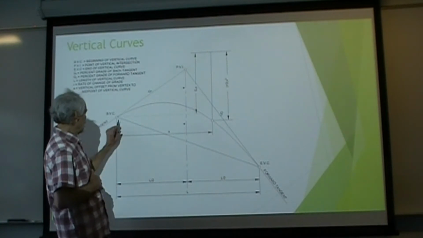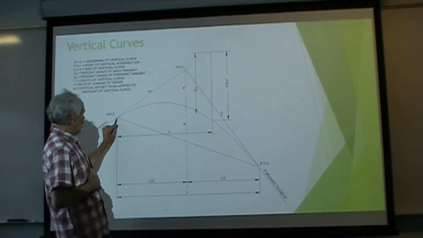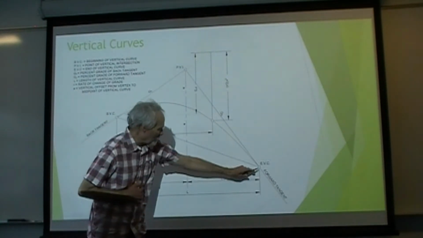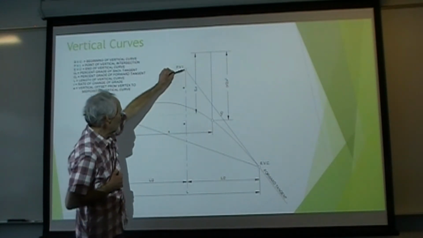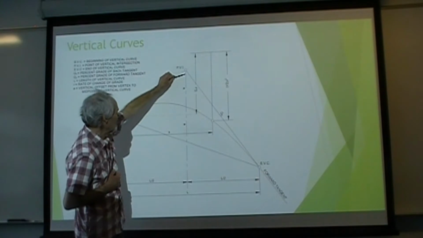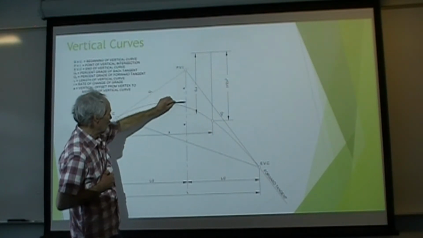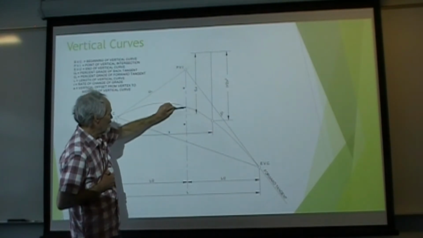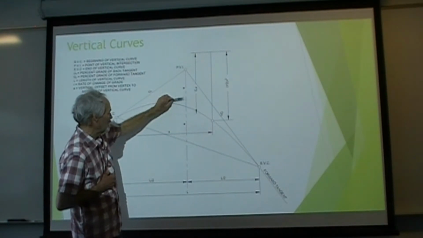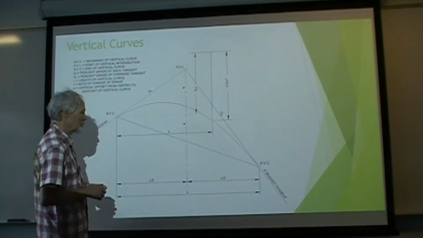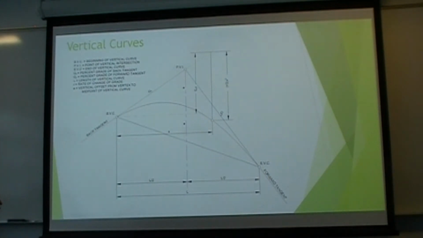Notice also we can draw a line from the BVC to the EVC; that's the chord of your parabola. If we drop the distance from the bisected line down to the parabola, that's E, and from that point on the parabola to the chord is also E. These are always equal in parabolas. That's one cool thing about them; we don't use it too much, but it's there.